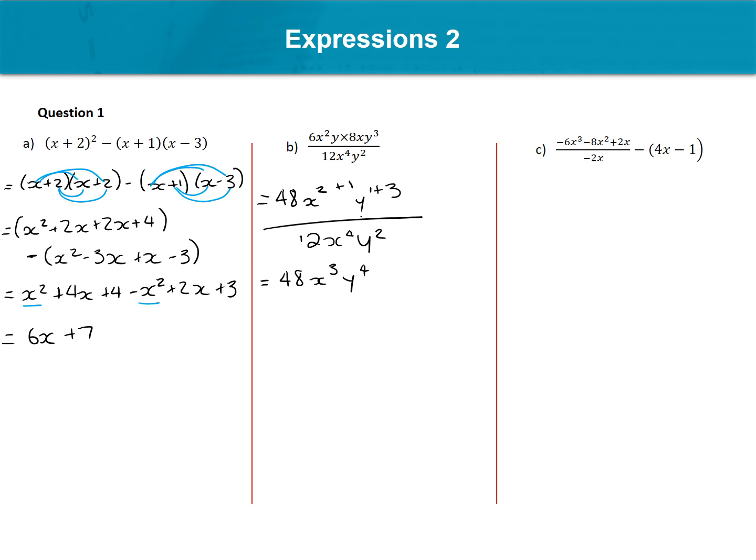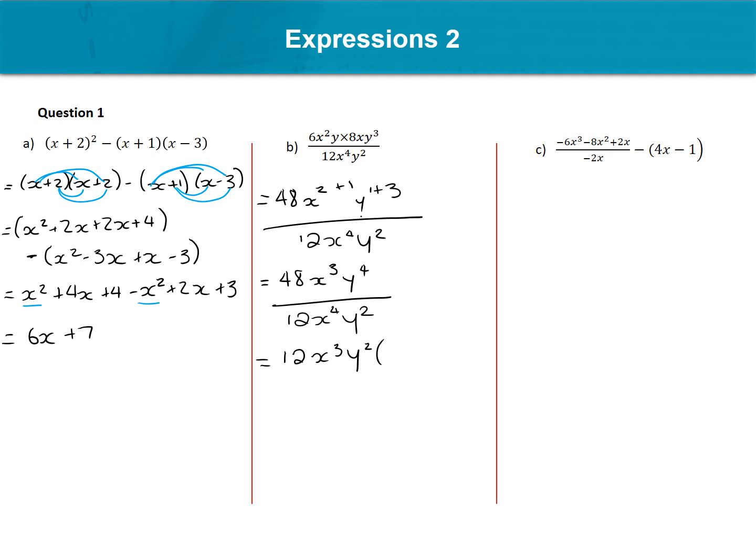So now we need to take out what's common between the numerator and the denominator. This is over 12x⁴y². What's common between 48 and 12 would be 12, and then x³ and y². So we have 12x³y².